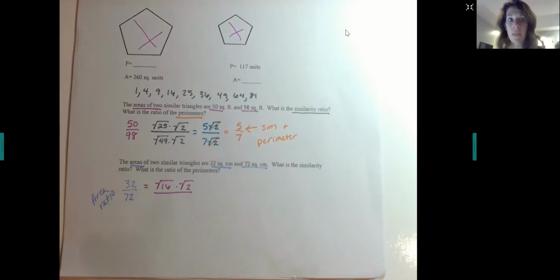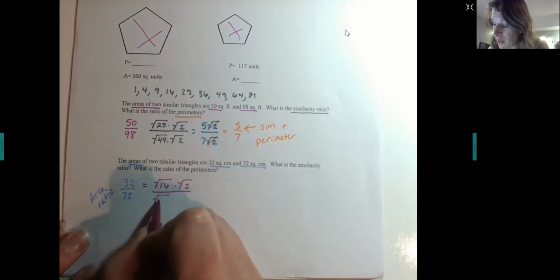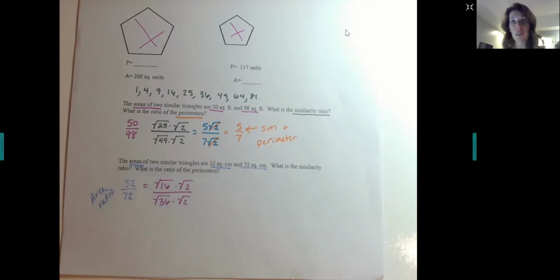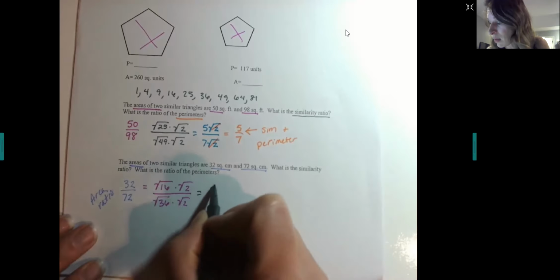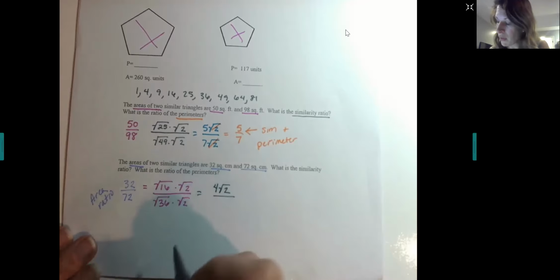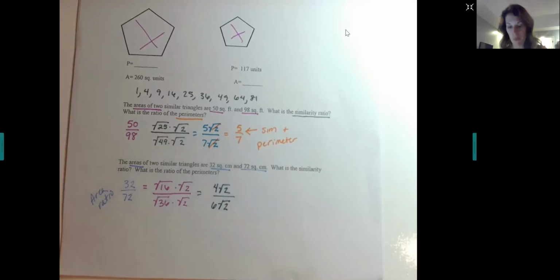Not a perfect square, but 36 times 2 is 72, so the square root of 72 really is the square root of 36 times the square root of 2. So the square root of 16 is 4. We leave the square root of 2. And the square root of 36 is 6. And we leave the square root of 2.